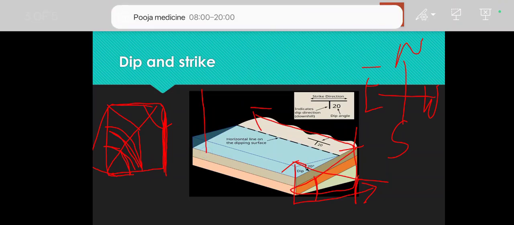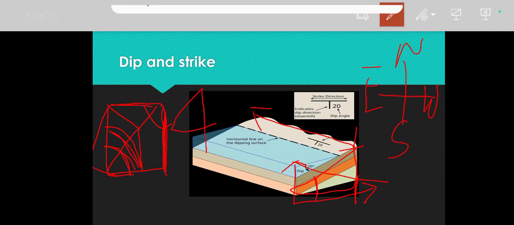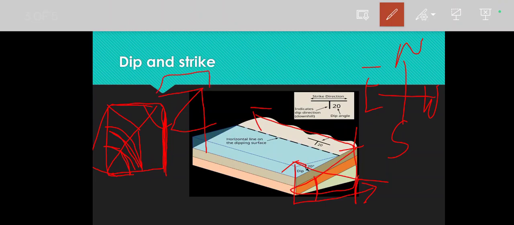For example, this is your inclined surface, and if this becomes almost horizontal, that is, this line goes upward and becomes a horizontal surface.